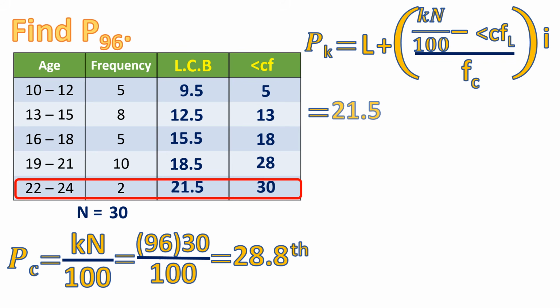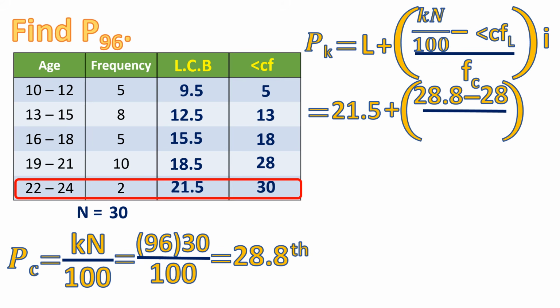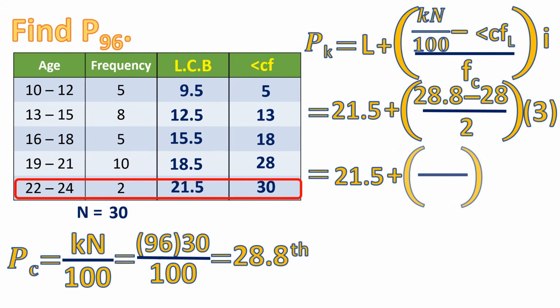Lower class boundary is 21.5 plus kn over 100 is 28.8 minus the lesser cumulative frequency, lower than that, is 28, and the frequency of the percentile class is 2 times the class width, which is 3. Then copy 21.5 and we'll subtract 28.8 and 28, which is 0.8 over 2 times 3.